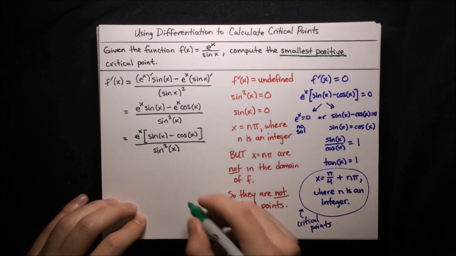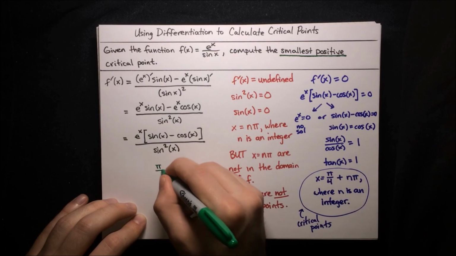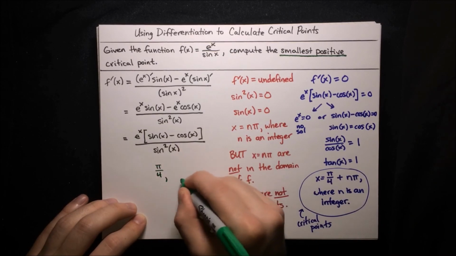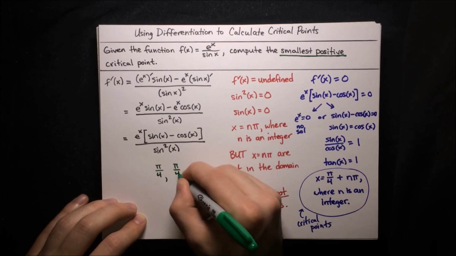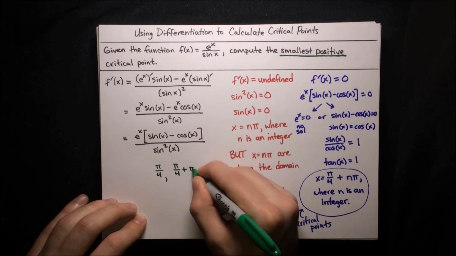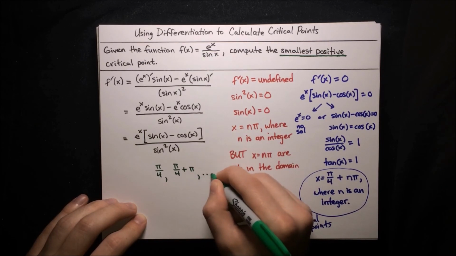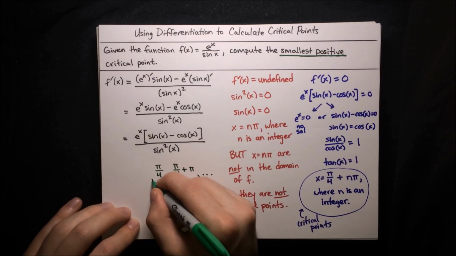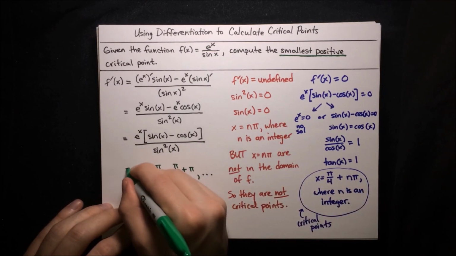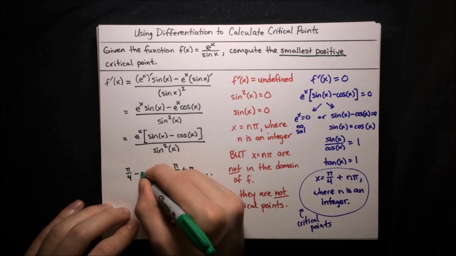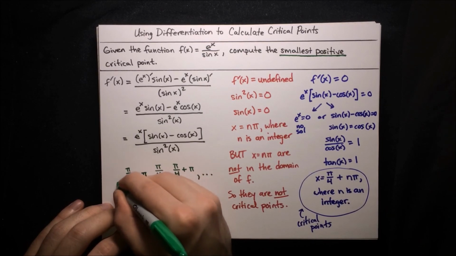First of all, when n equals 0, we've just got pi over 4. And then when n equals 1, we've got pi over 4 plus pi. And we keep going onward that way. And then before pi over 4, when n equals negative 1, we've got pi over 4 minus pi. And we can keep going backwards that way.